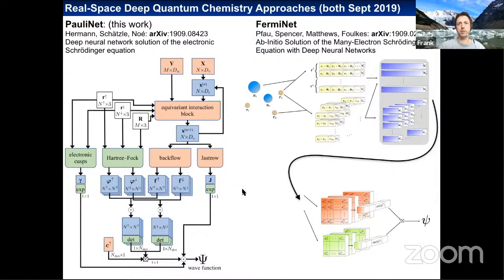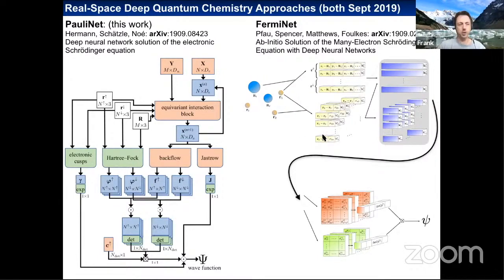What's the difference between them? So we have a different neural network architecture, which builds in a lot of the physics of the wave function that we know about. The Fermi-Net architecture is essentially a much larger network, but conceptually simpler because it doesn't have these extra features that make sure that only certain functions can be represented that are physically allowed.